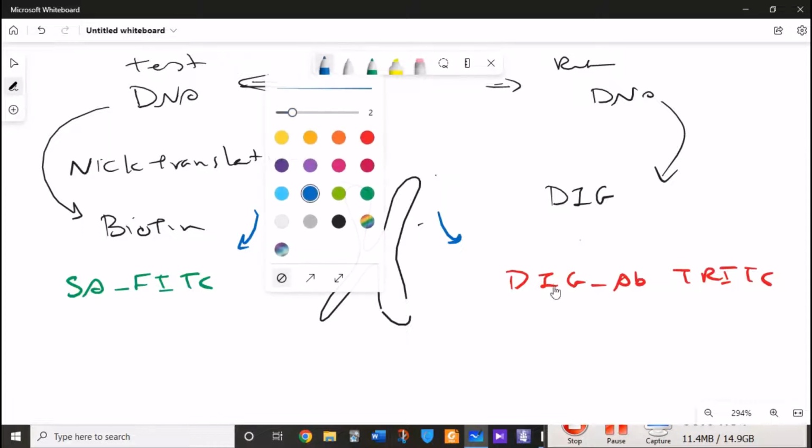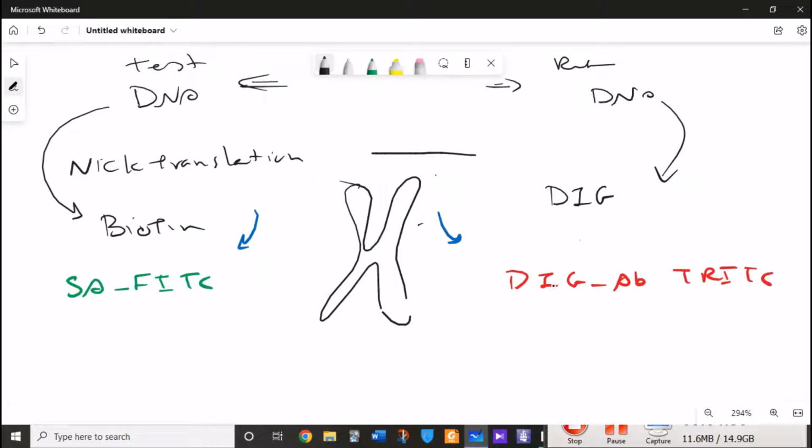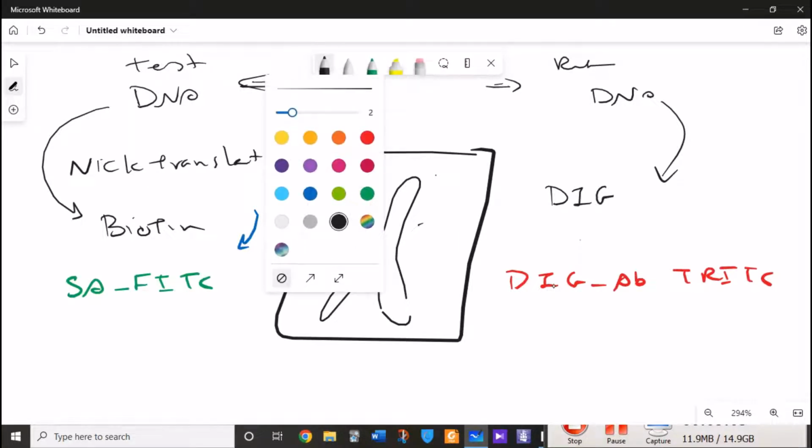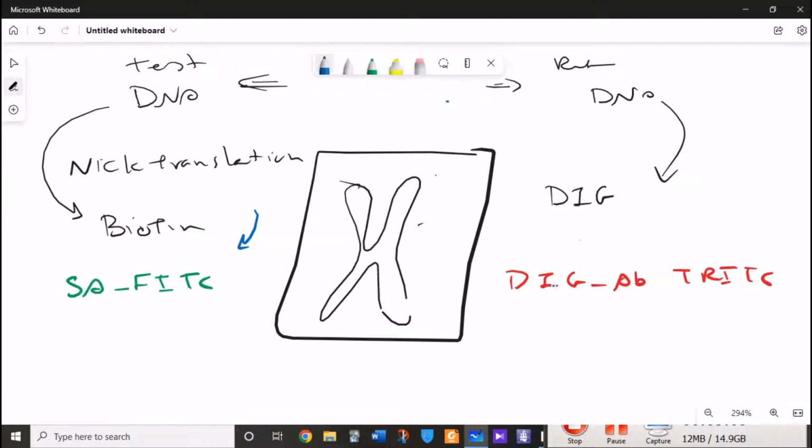After this step, we denature the DNA on the slide and the two samples of our DNA separately. So we have a metaphase spread that is denatured and two samples of DNA that are both single-stranded, or denatured.